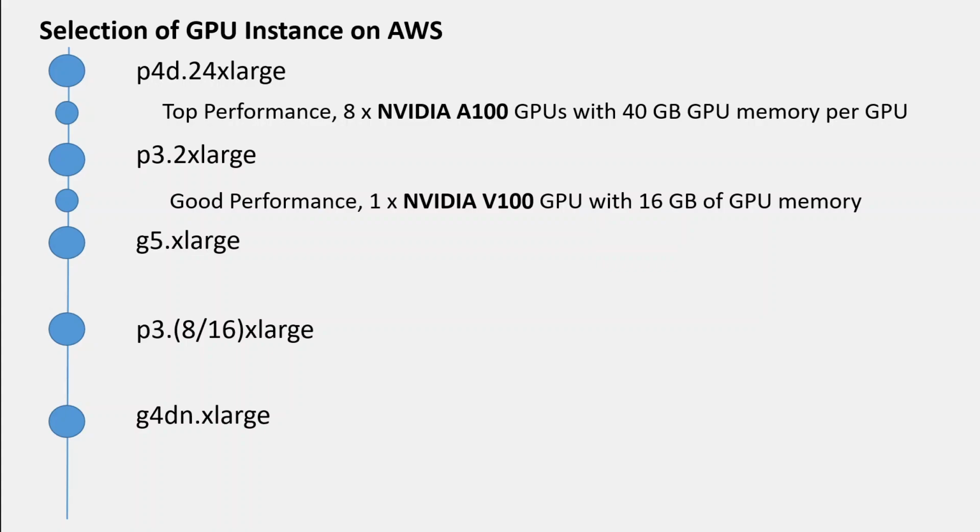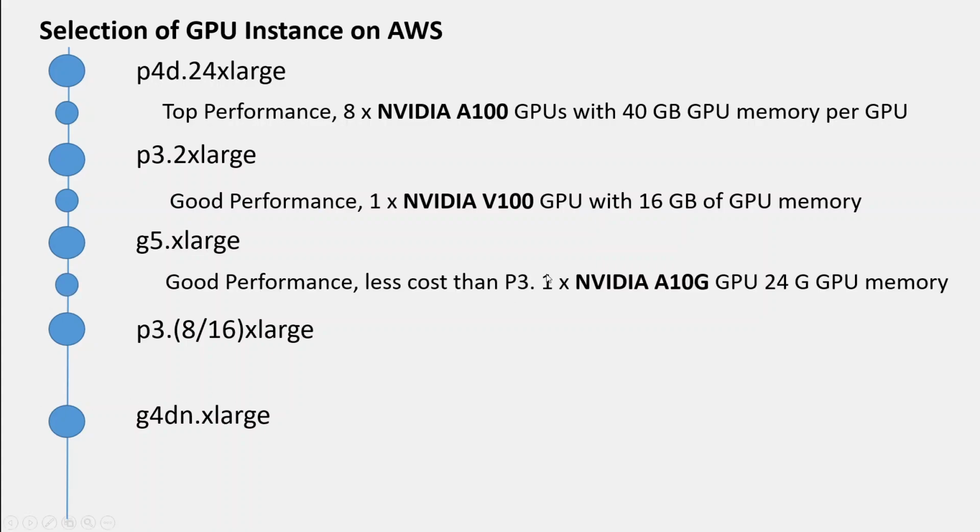But the G family A10G is still good enough, but not as powerful as the A100 or P3 instance family. So the main difference between P and G family is the NVIDIA card type. The G family has this A10G, whereas the P family has this NVIDIA A100.